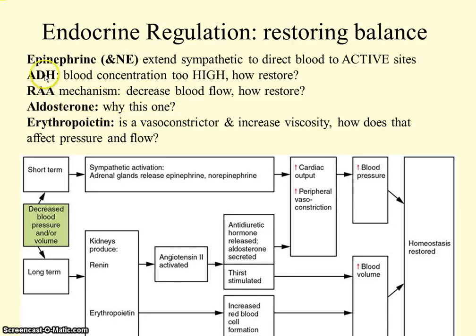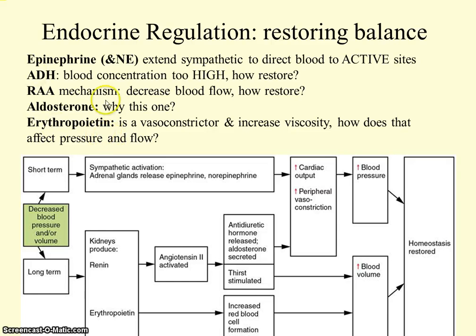So while it's not as powerful as ADH at keeping water in the body, it does have an influence on it. And then erythropoietin, this causes the bone marrow to make more red blood cells. It's going to increase viscosity and therefore increase resistance. And as we increase resistance, we're going to increase pressure.